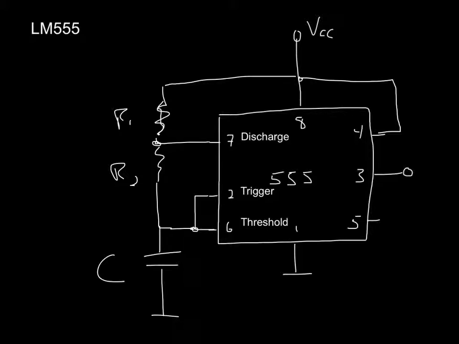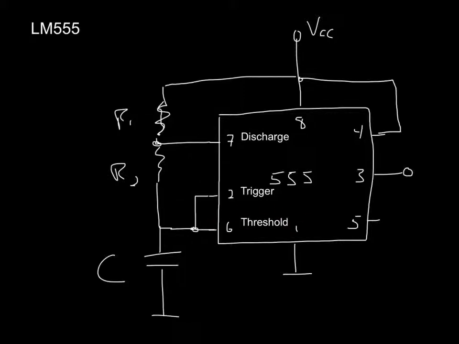And so in the normal state of things, if we start and say the state of the system is on, so pin 3 is out, 7 is disconnected, then you would expect that current would flow around through R1 and R2, charging up C until the voltage at this node is above the threshold for pin 6.